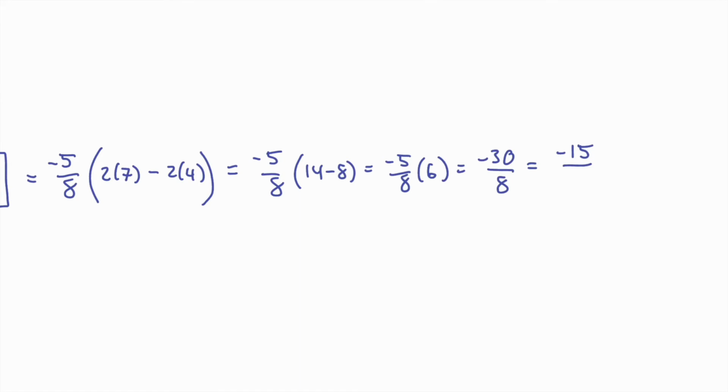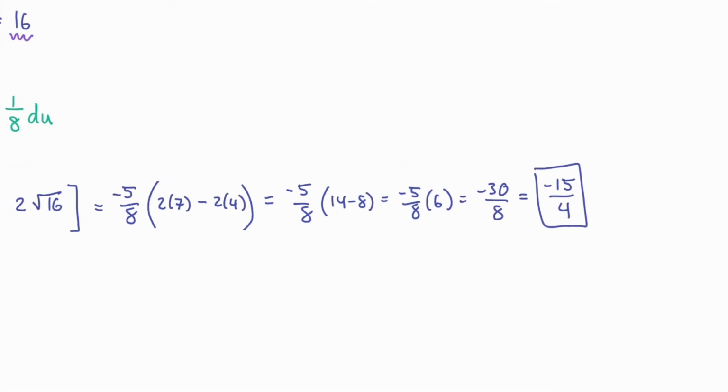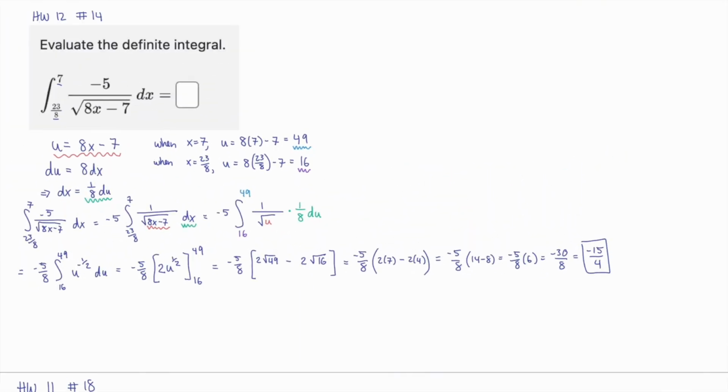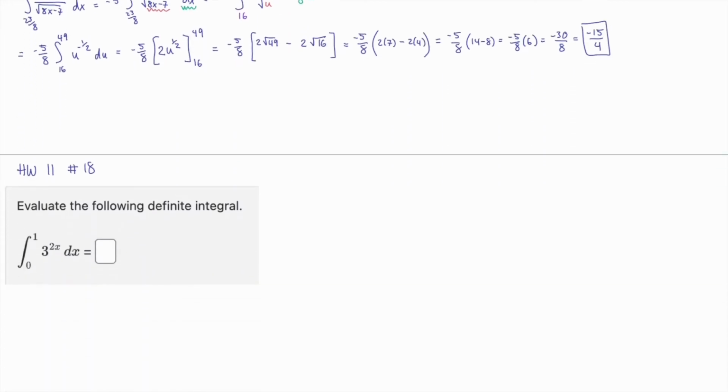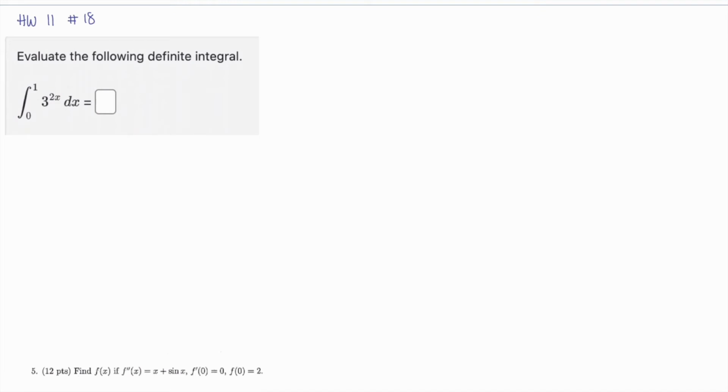So we end up with negative 15 over 4. So that's an example of doing u substitution with a definite integral. Okay, the next problem that I've selected is from homework 11, problem number 18.